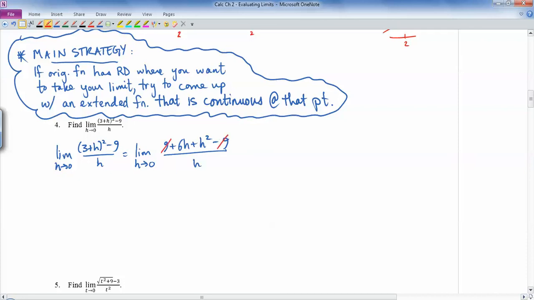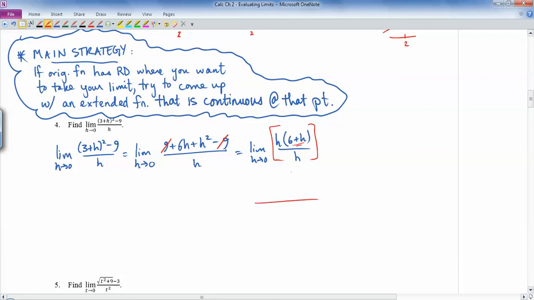The 9's cancel, and I'll just factor out an h from the numerator. So this is the same exact function in factored form. And if you notice, the h's could, in a sense, cancel. So this whole function should look like the line 6 plus h, except that 0 is not in the domain.